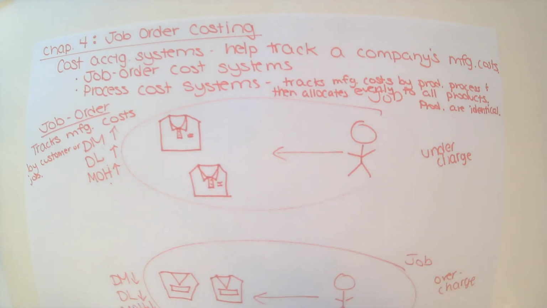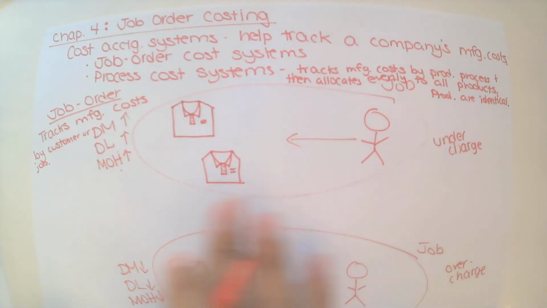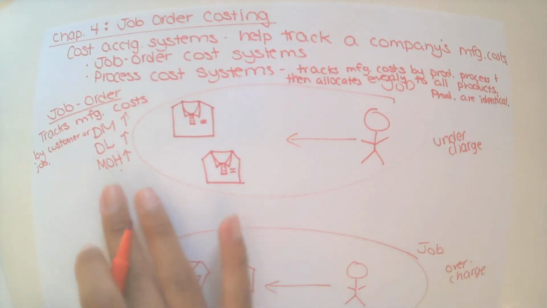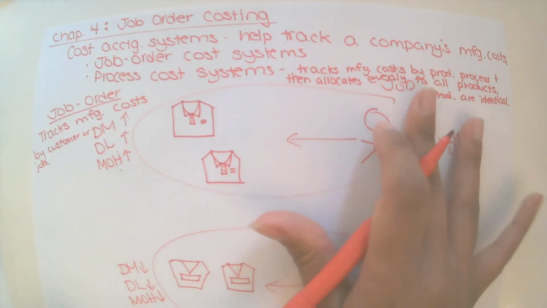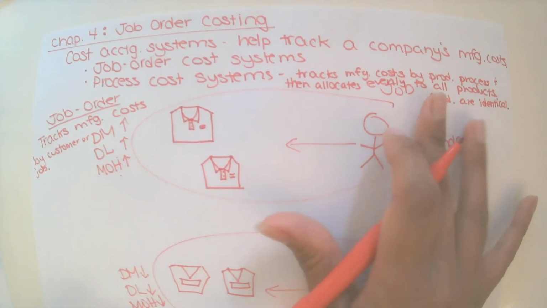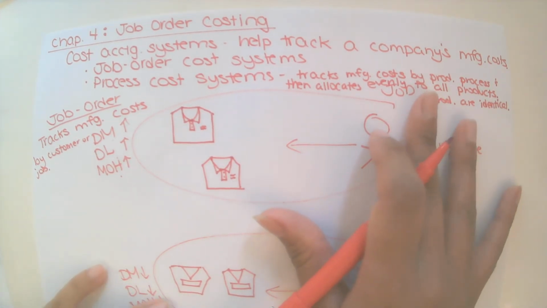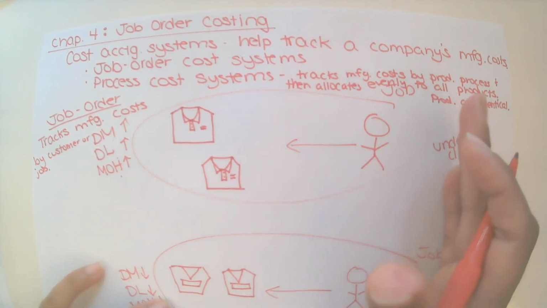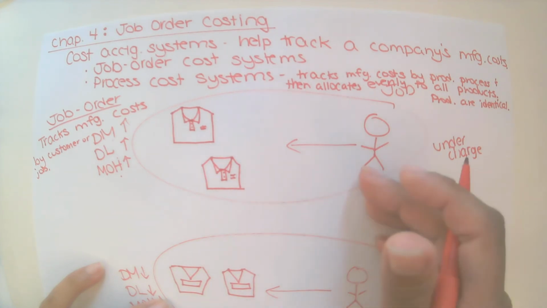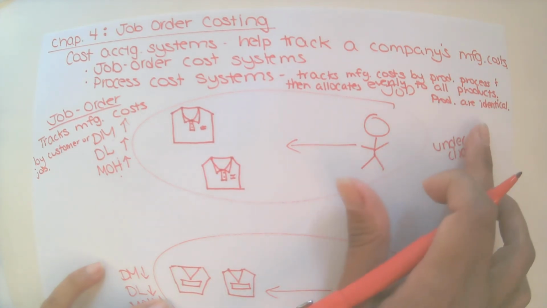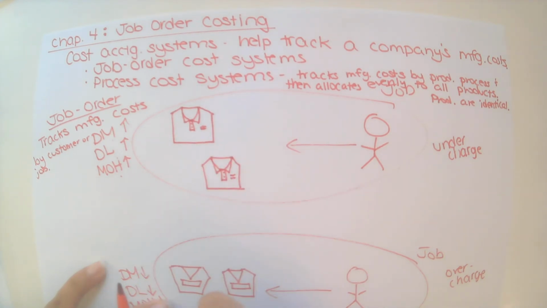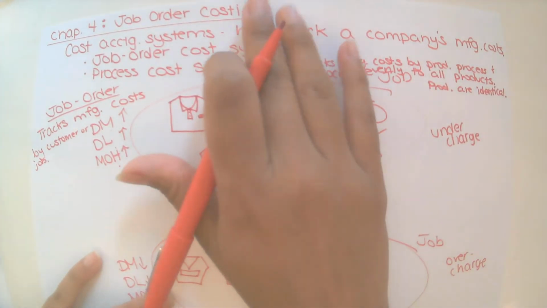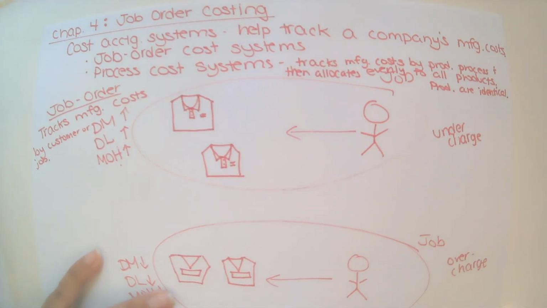You can read through the book and see examples of companies or industries that use job order and companies that use process costing. You also did that in your manufacturing report when you selected Jelly Bellies, and Jelly Bellies are all identical, so that company's going to use a process cost system, right? All right, so we'll get into the details on job order costing in the next few videos.